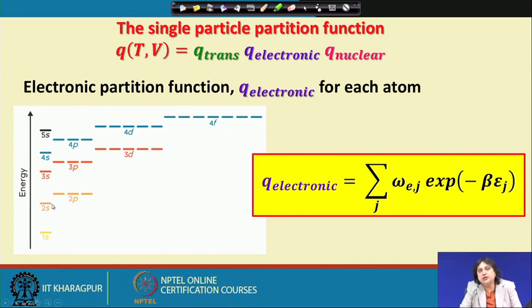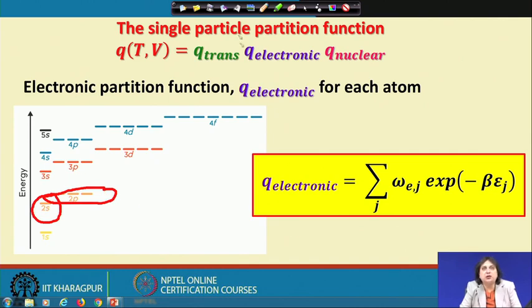This is the second electronic state for this atom, so this is omega E2. Can you tell me what omega E2 is? Omega E2 is once again 1, because the s orbital that you see here as a solution is a singly degenerate function. But slightly above this, there is one energy level that is triply degenerate.